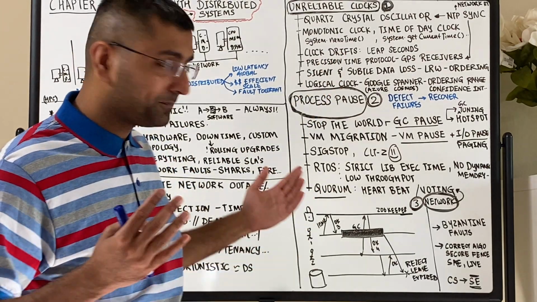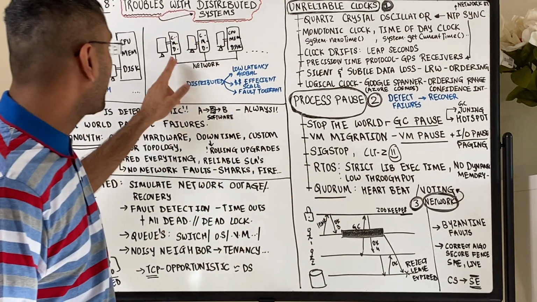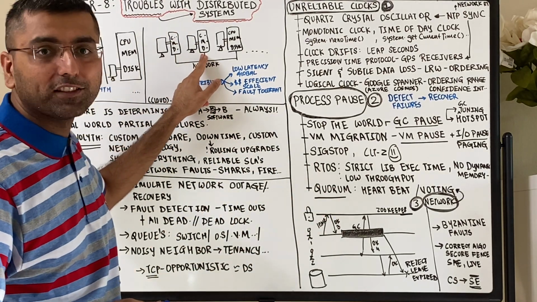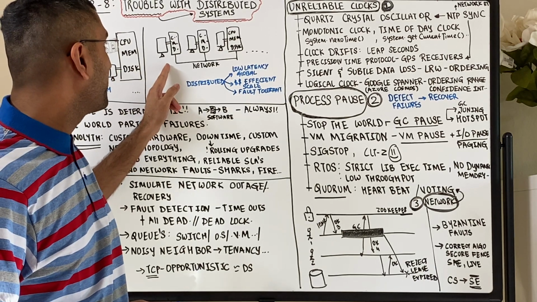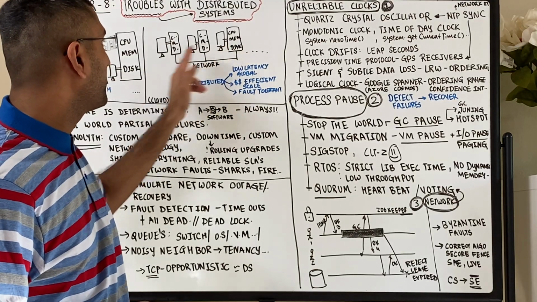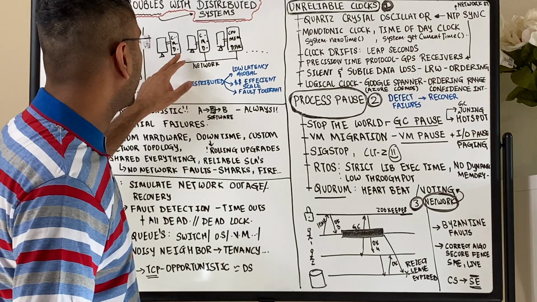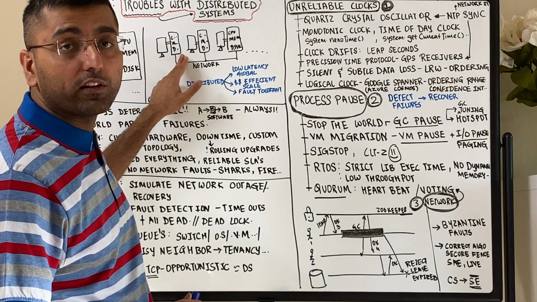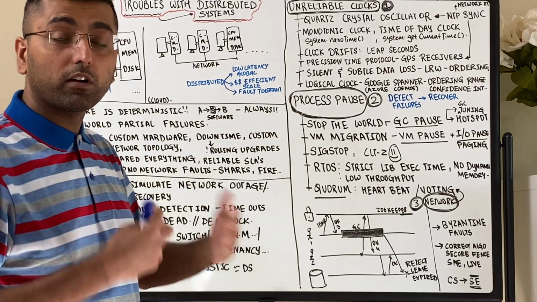So unreliability of clocks is very important to understand and to set up so that you can provide guarantees in ordering, right? Second, process pause. A process on this machine can depend on a process from another machine. Let's say it's a system that has distributed services across multiple machines. It might not be able to serve all of the data for that backend call. It might depend on these two machines to give you that complete view.